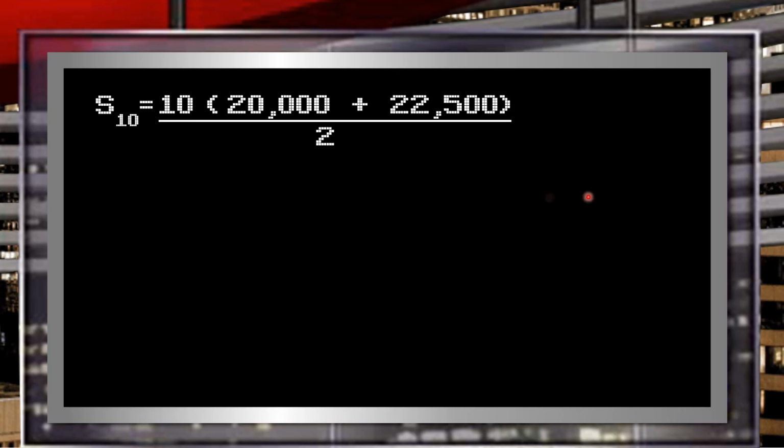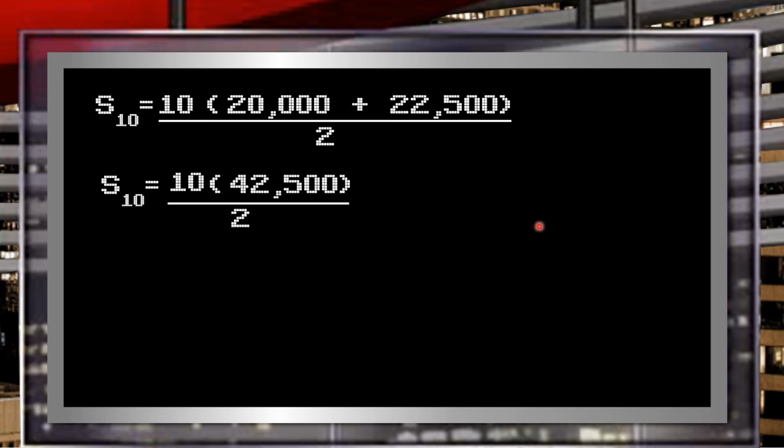So, yan. Nire-write ko lang ulit. S sub 10 is equal to 10 times the quantity 20,000 plus 22,500 divided by 2. So, we have S sub 10 is equal to 10 times, when you add them both, 20,000 plus 22,500 is 42,500 divided by 2.